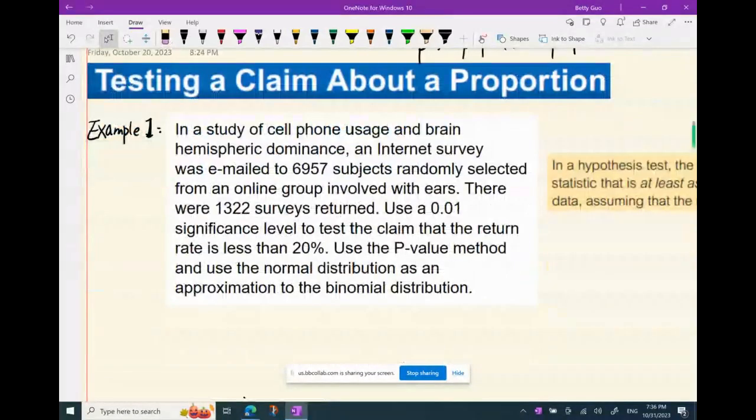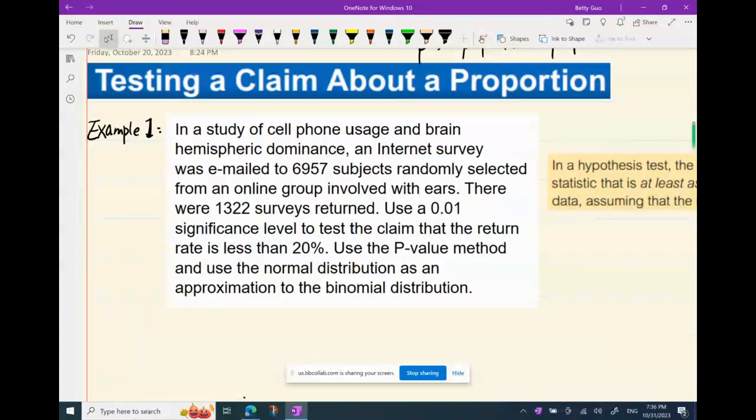In a study of cell phone usage and brain hemispheric dominance, an internet survey was emailed to 6,957 subjects randomly selected from an online group involved with the topic. There were 1,322 surveys returned.